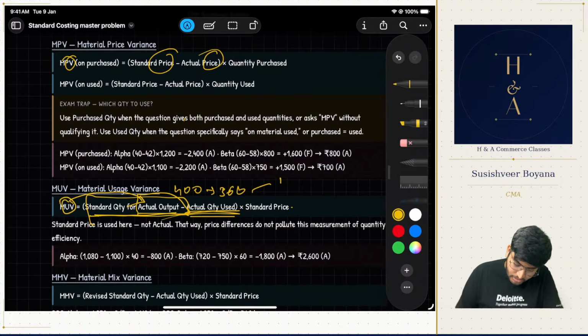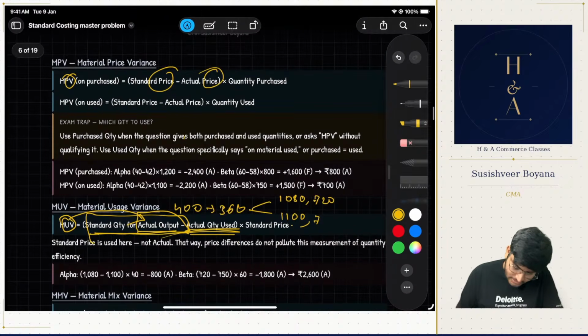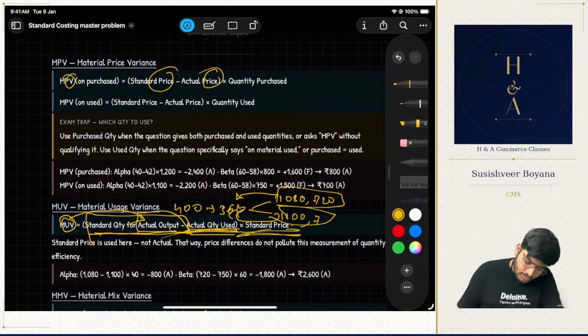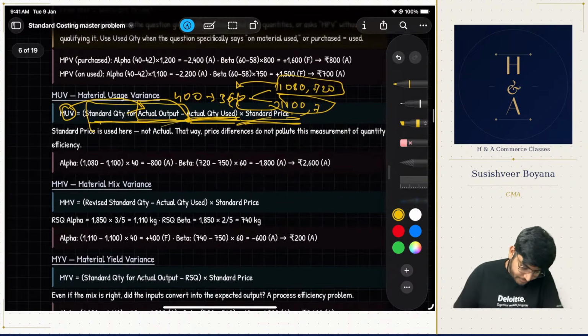In this case, it should have probably been around 1080 and 720, but I think we saw around 1100 and probably 800 or something like that. The difference is there, right? What is the standard quantity for actual output and the actual quantity used, into standard price. Here, actual quantity purchased or used?